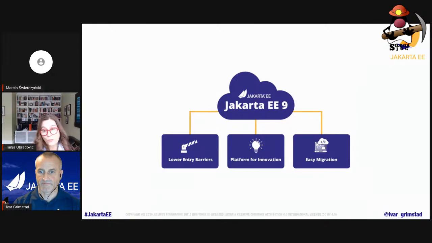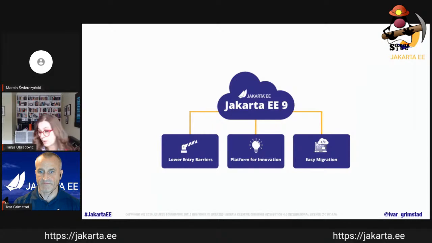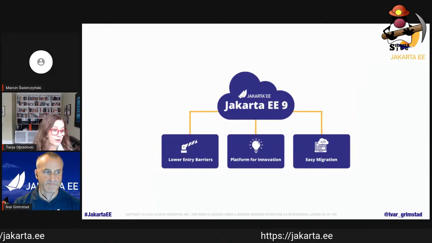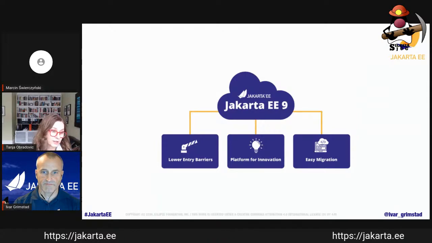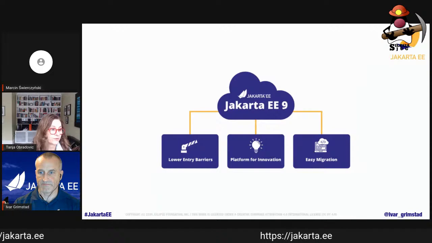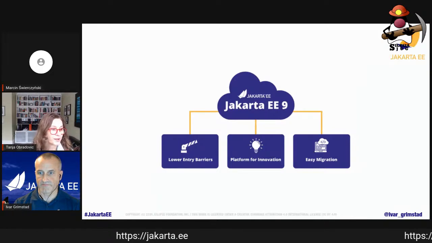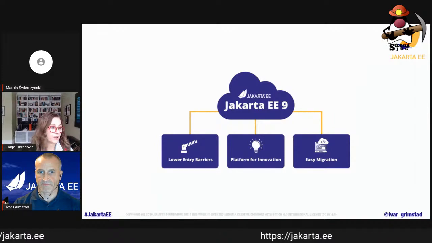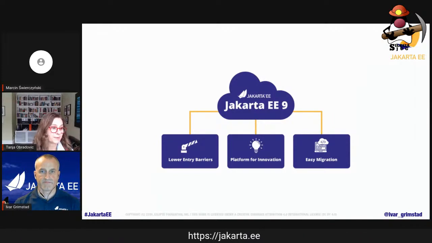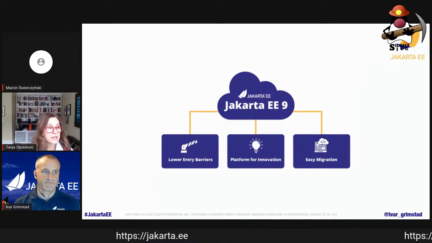And with only one big change, and you saw how Ivar did it for a pretty involved small application, touching all the aspects of one true enterprise application, you can do easy migration from the javax namespace to the Jakarta namespace.